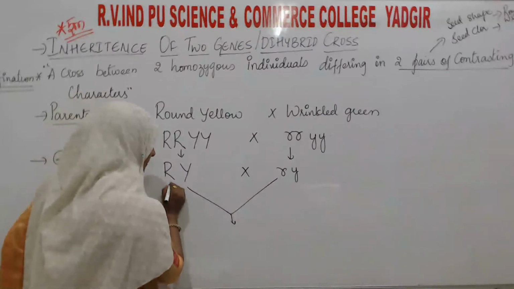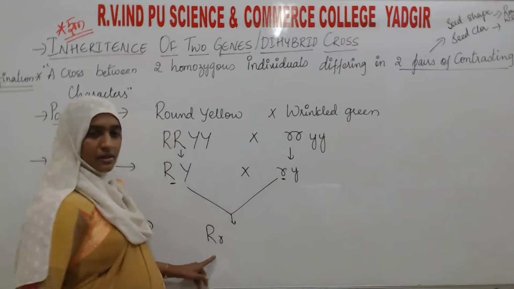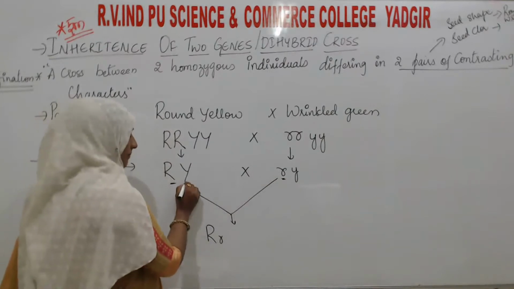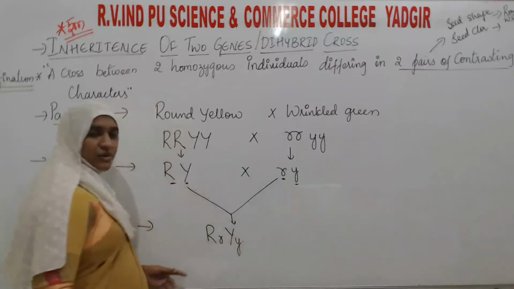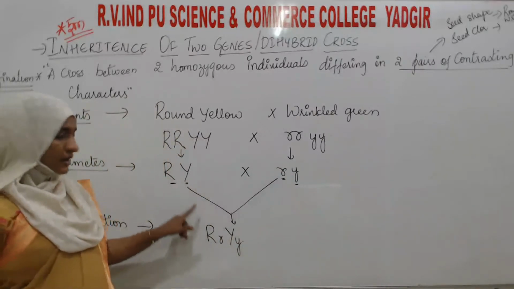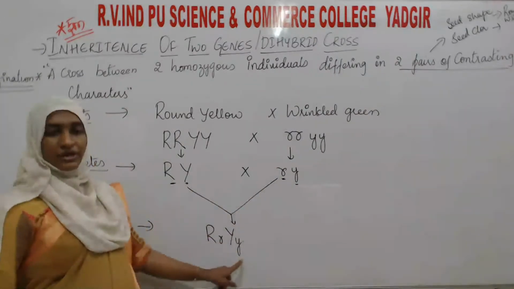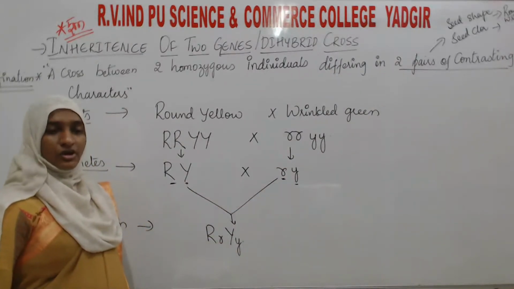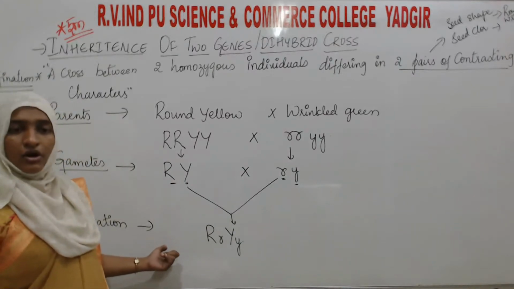Capital R, small r, then capital Y, small y. This will be the offspring: Rr, we have to take it one side, and Yy, we take it one side, during the production of offspring in the F1 generation.